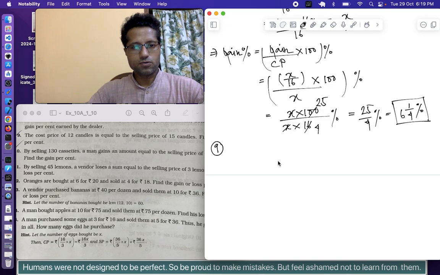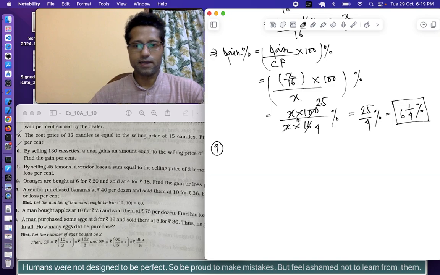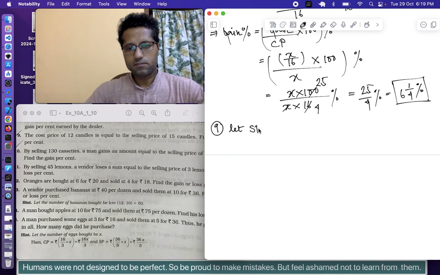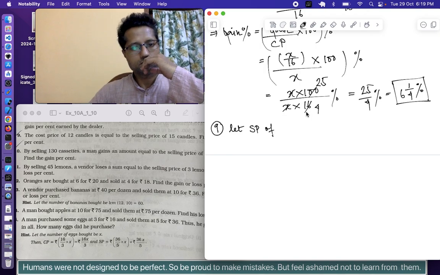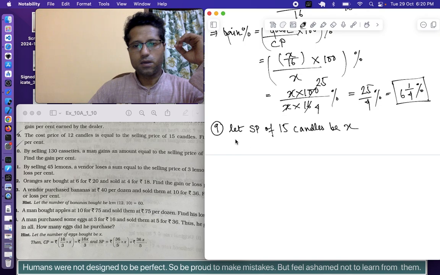We are given that the cost price of 12 candles is equal to the selling price of 15 candles. Let the selling price of 15 candles be x.